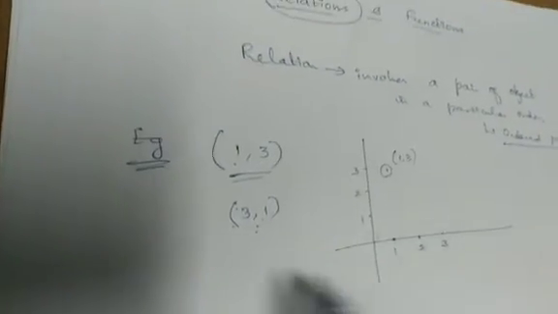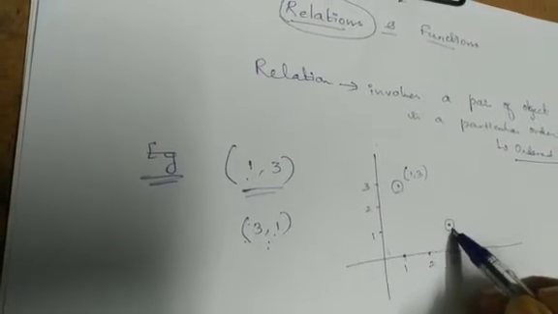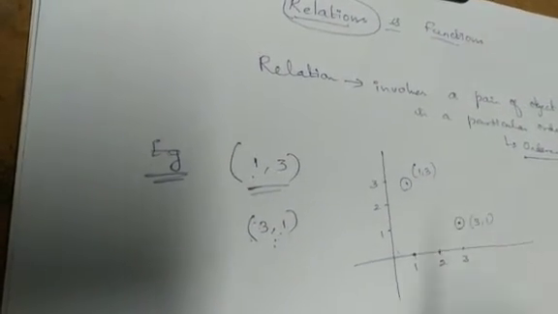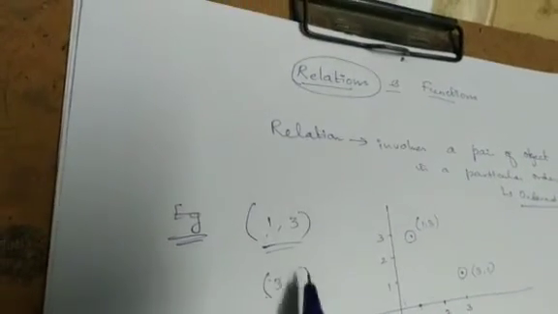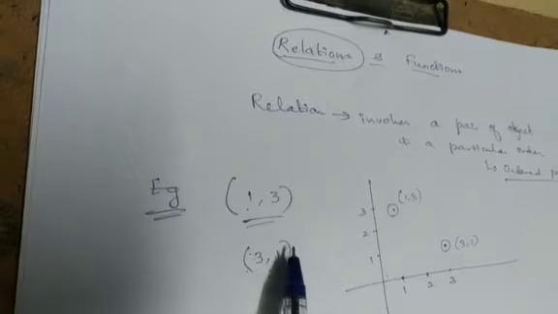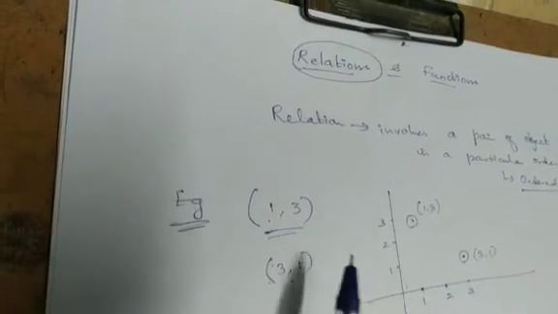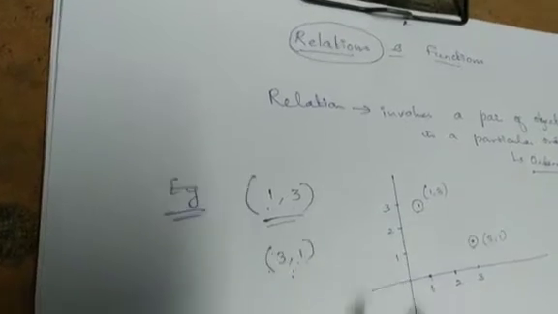We plot it like this. Hence these two points are not the same. This is the ordered pair. Understand? So these two orders are not the same.